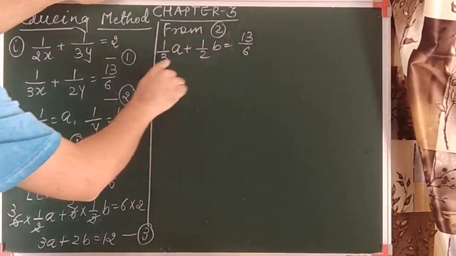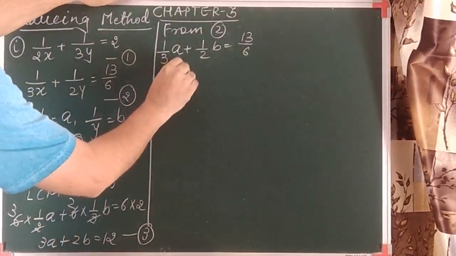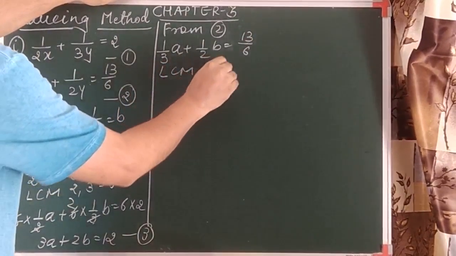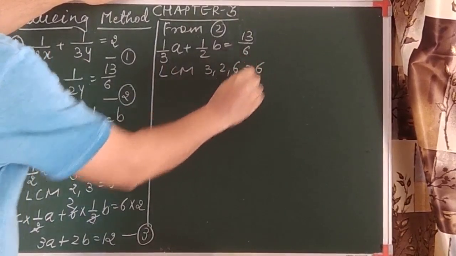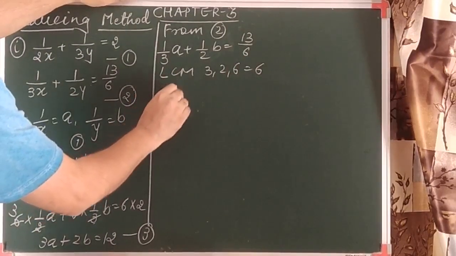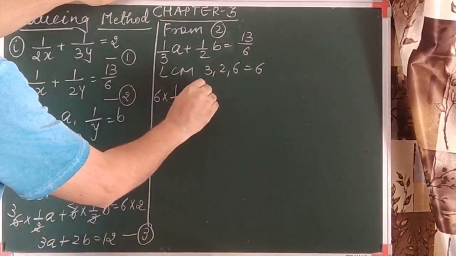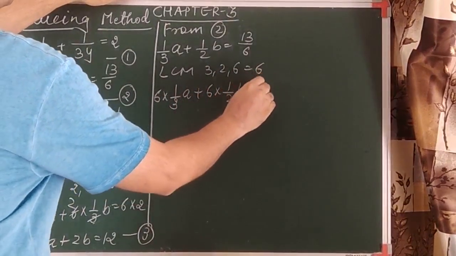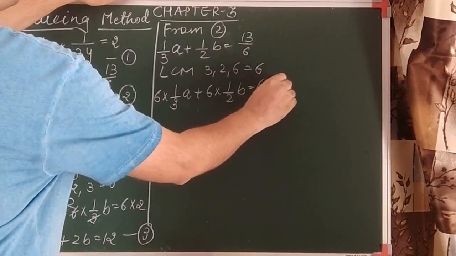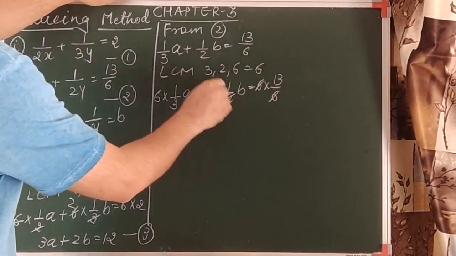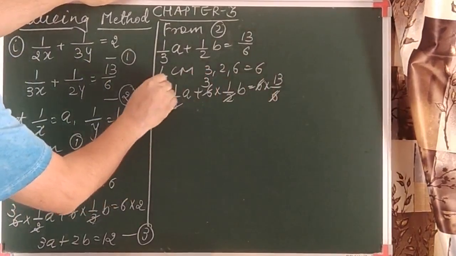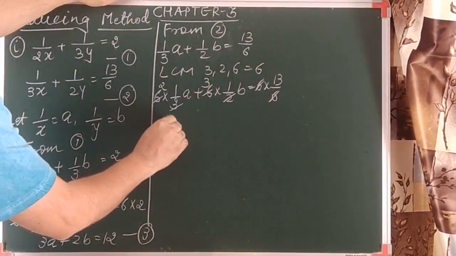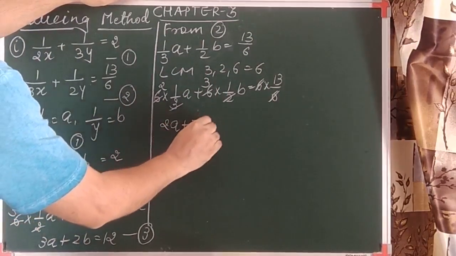Again we can see they have the denominator, so the LCM of 3, 2 and 6 is 6 itself. So multiply all the terms by 6: 6 into 1 by 3 into a, 6 into 1 by 2 into b is equal to 6 into 13 by 6. After simplification, the new equation which we obtain is 2a plus 3b is equal to 13.